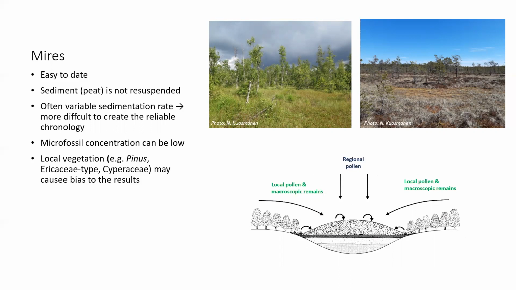You can see from these pictures, you can get, for example, pine or some ericaceae like heath heather, or some other species on the sides. Here you can see there can be birch trees on the side that then can be overrepresented in the pollen diagram.